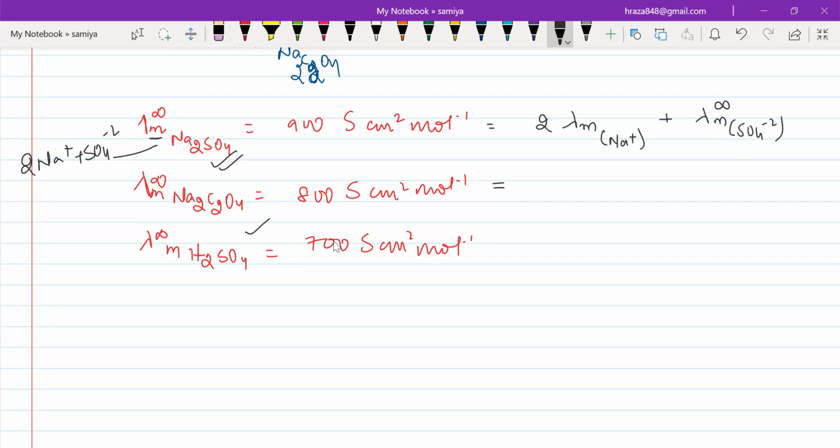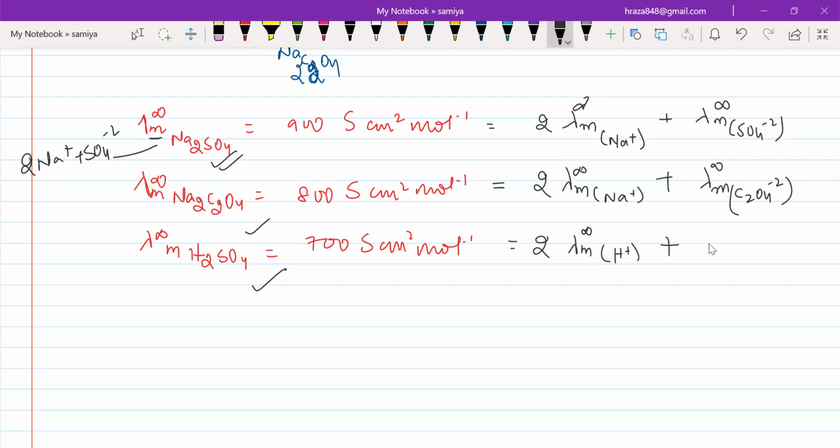Dissociating Na2C2O4, it will be 2 into lambda m Na plus, plus lambda m of C2O4 minus 2. Dissociating H2SO4, it will be 2 into lambda m infinity H plus, plus lambda m infinity SO4 minus 2. And the value we need to calculate is lambda m infinity H2C2O4.